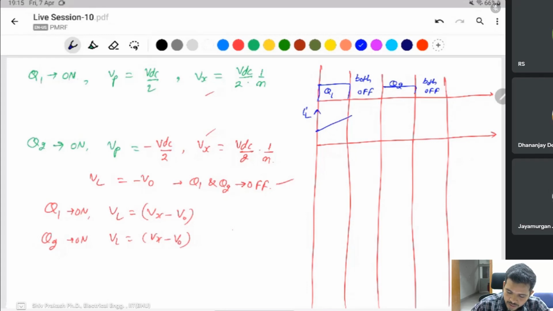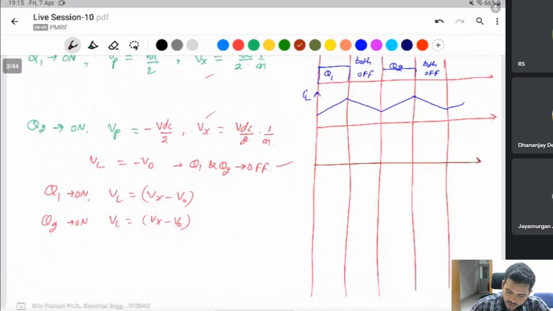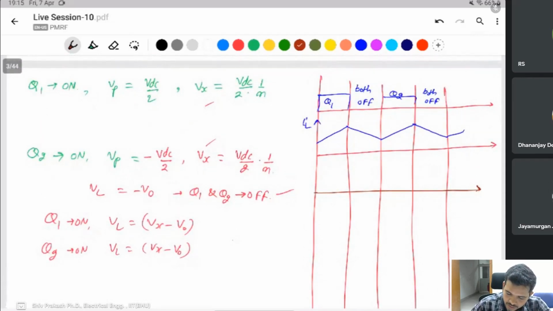The inductor current increases like that, from minimum to maximum and maximum to minimum. The total time period is this one, Ts.